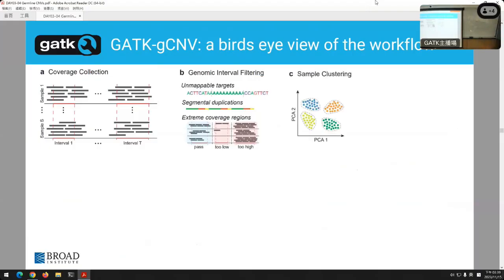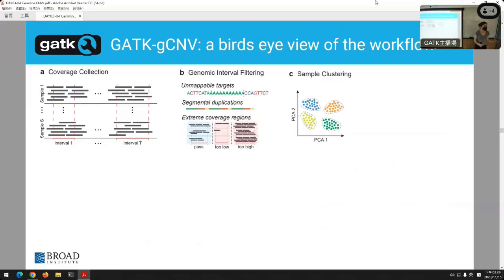Okay, then we perform sample clustering. The GCNV pipeline is not designed to scale to something like 10,000 samples at once, so part of this is for scalability. If you have a very large cohort, you will need to break it up into smaller groups of samples in order to be able to computationally perform CNV calling.